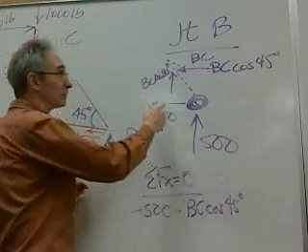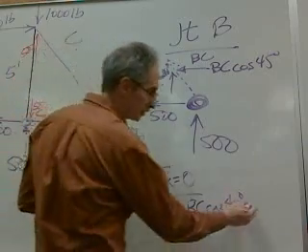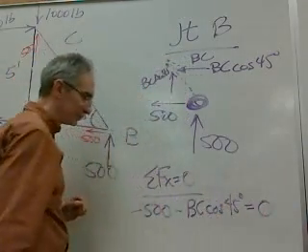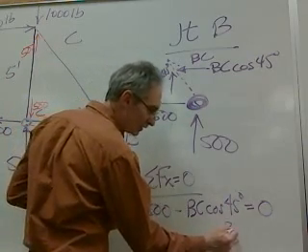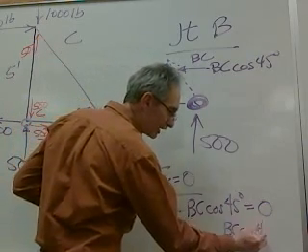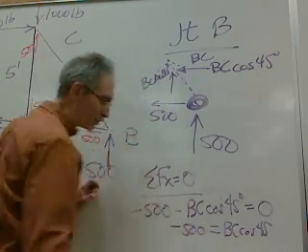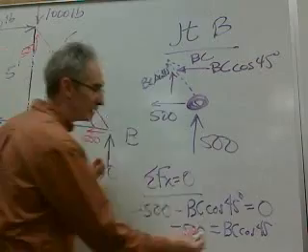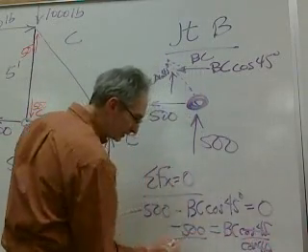And those are the only two x forces that I have, so equal to 0. I can bring negative BC cosine 45 on the other side. It becomes positive. Set that equal to negative 500. I can divide through by cosine 45.